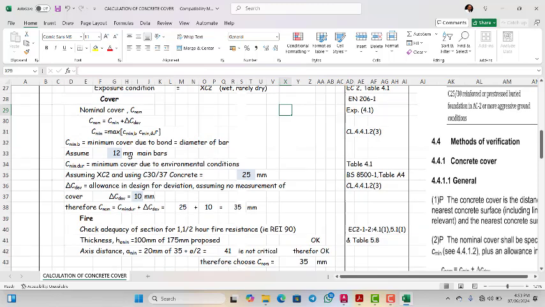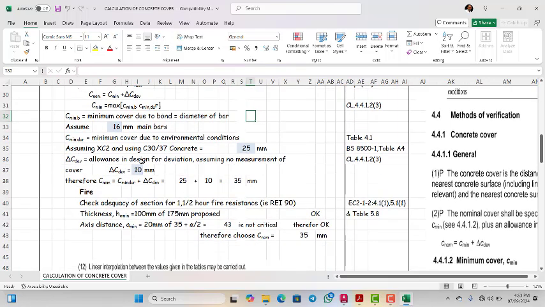In this case you can still maintain your diameter of reinforcement, or maybe you can change it. Let's change this to 16.